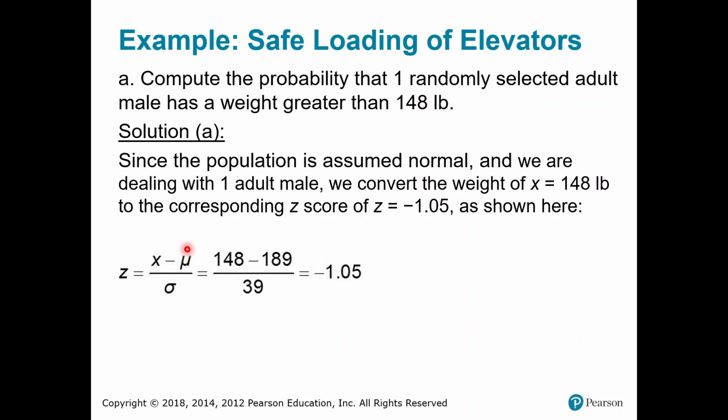Single value, so we use the formula z equals x minus mu divided by sigma. x is 148, mu is 189, sigma is 39, and that's how we got the negative 1.05.